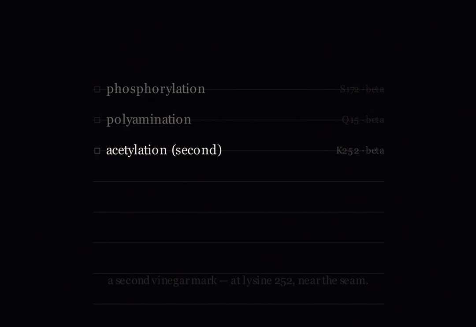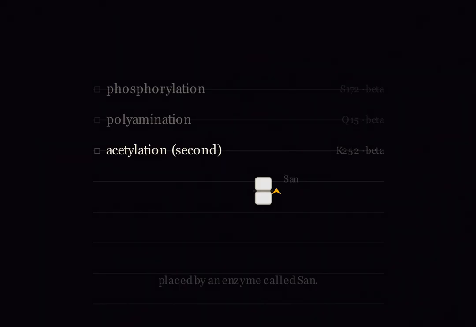Acetylation again, but on beta-tubulin at lysine 252, near the seam where one stone joins the next, placed by an enzyme called SAN, possibly a matter of how readily the stones assemble. Little follow-up. Beyond these two, the acetylation surveys have reported more than 10 further sites, none yet confirmed.